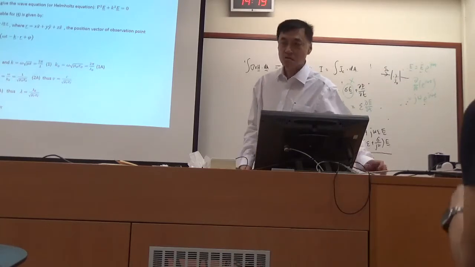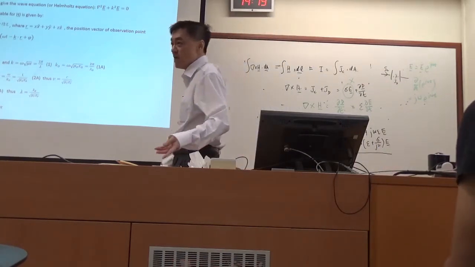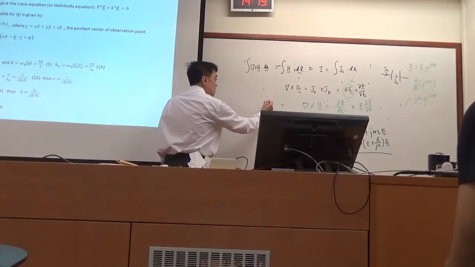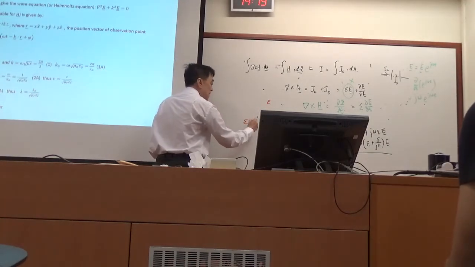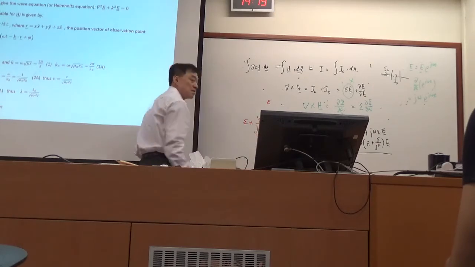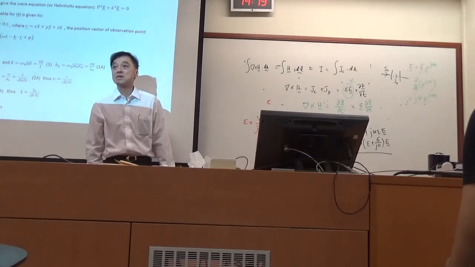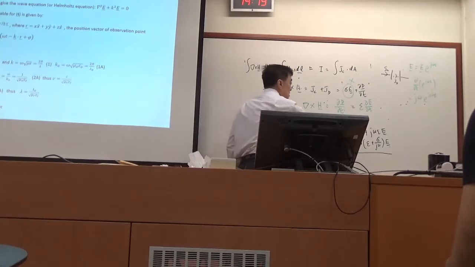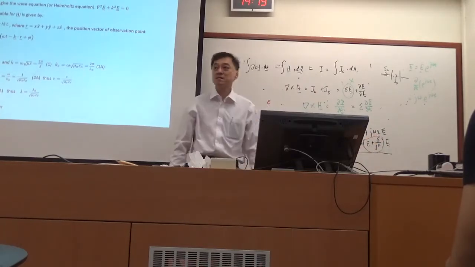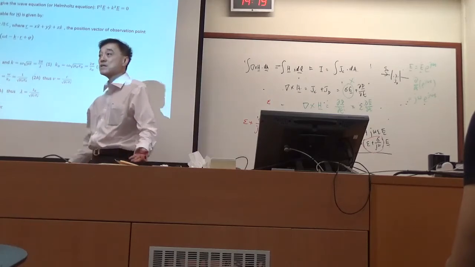They look the same. The only difference is that here I have epsilon, and here I have epsilon plus sigma over j omega. Correct or not?